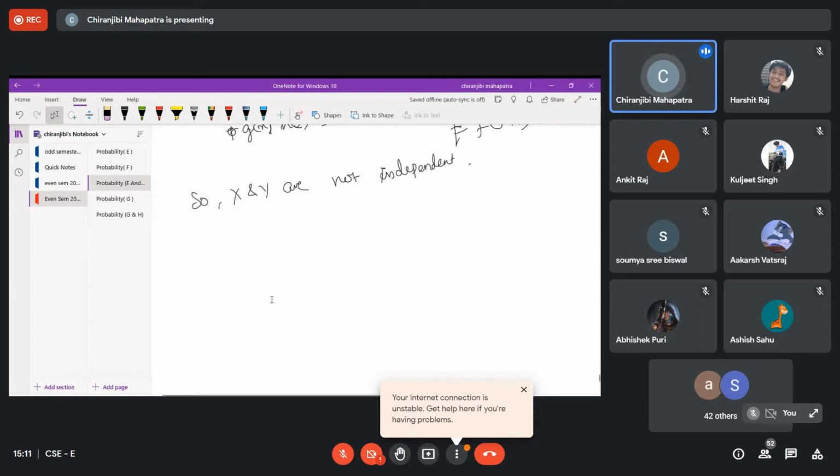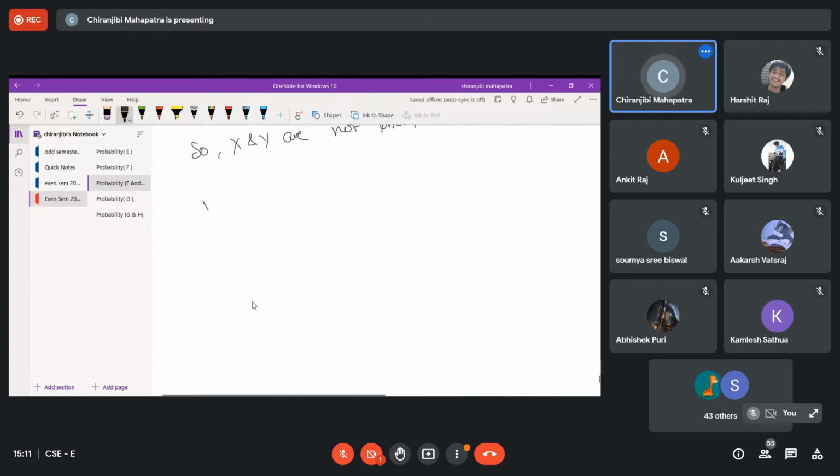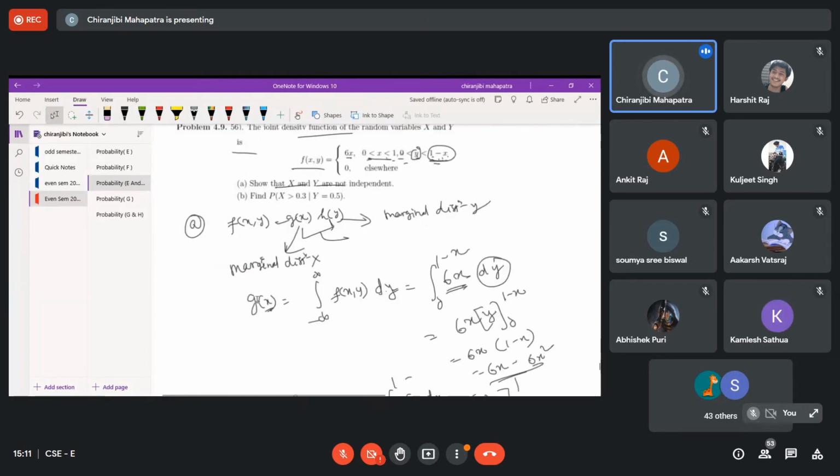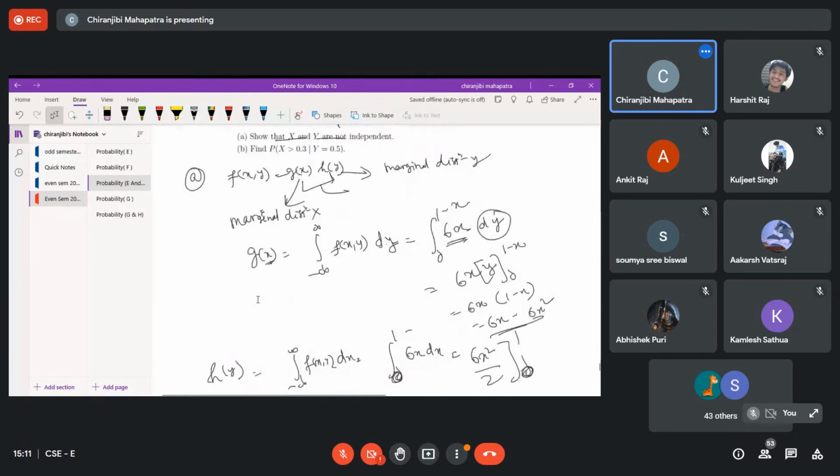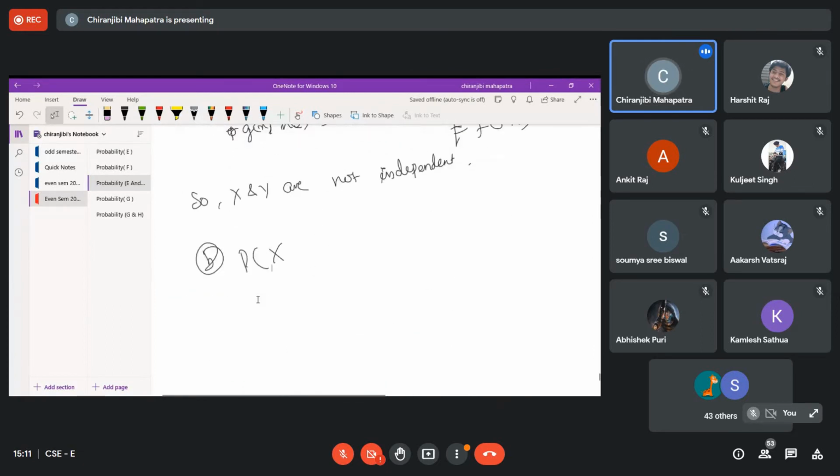The next part that you have to do is find the probability that x is greater than 0.3, given that y equals 0.5.